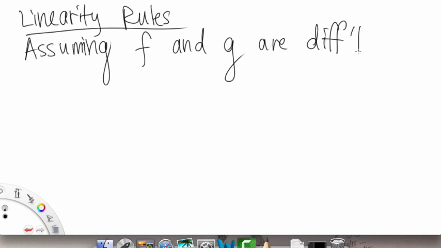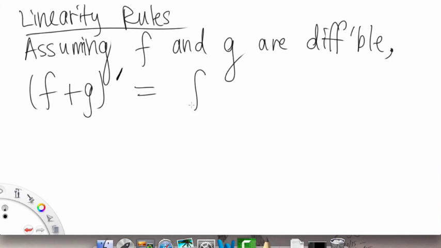Then we can say that the derivative of f plus g, where we add the two functions and then take the derivative, is equal to taking the derivative of each separately and then adding them together.